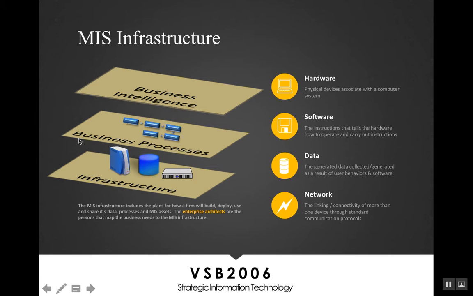We've talked about business processes, defined by the business and implemented through ERP systems, CRM systems, and SCM systems. And then at the top tier, we have business intelligence. The fundamental components are established in the infrastructure, implemented in the processes, and ultimately used in business intelligence to answer questions, make decisions, and drive activities.